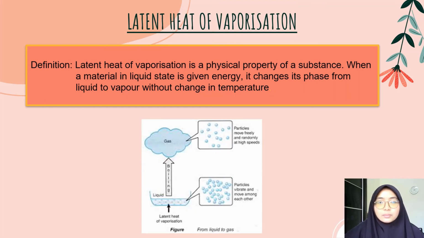When a liquid boils, the latent heat is being absorbed, and the heat being absorbed is used, firstly, to completely break the bonds between the particles, and secondly, to do work against atmospheric pressure when the gaseous vapor expands into the atmosphere. Then, the heat absorbed during boiling is known as the latent heat of vaporization.